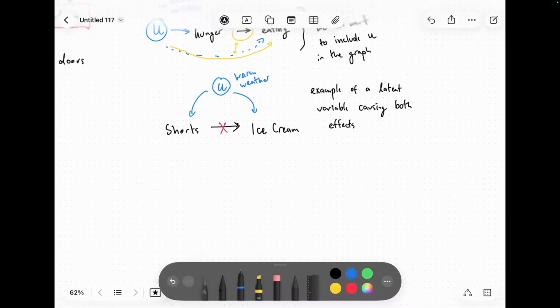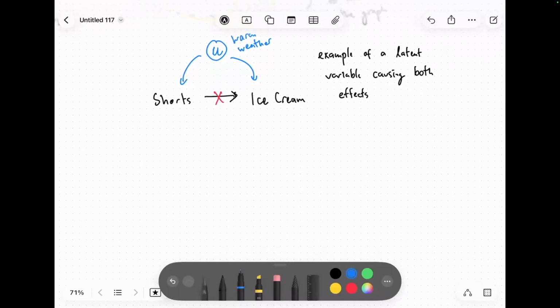So we need balance. If you omit too little, many things may end up looking causal.